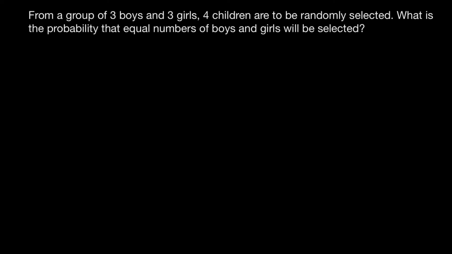So, imagine that we have a group of children. Again, we have 6 children. 3 of them boys, so boy, boy, and boy, and 3 girls, girl, girl, and girl.